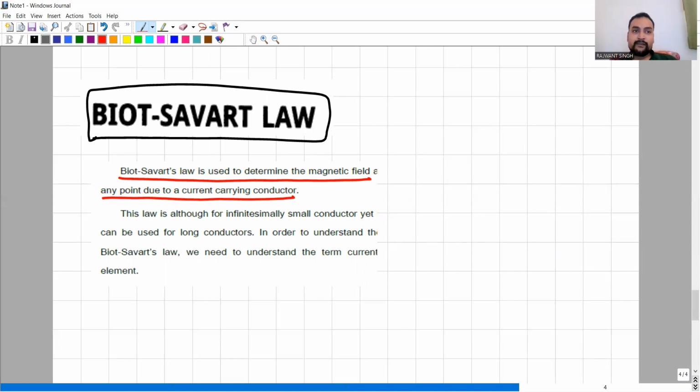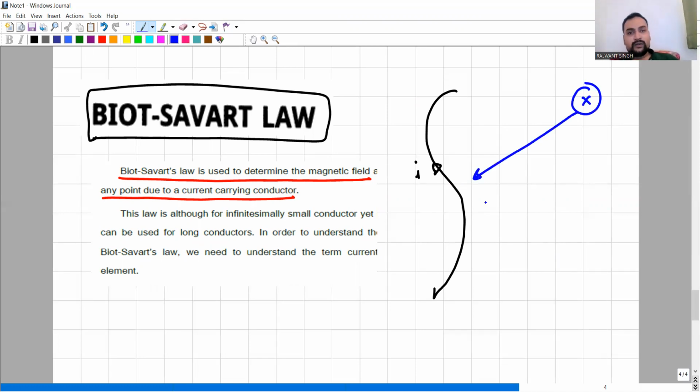For example, if I have a current carrying conductor like this and some random point here P, then what is this conductor going to make the magnetic field at this point? That means what will be the magnetic field at this point due to this conductor?